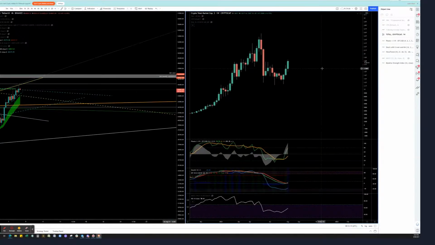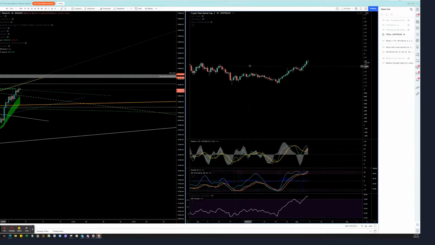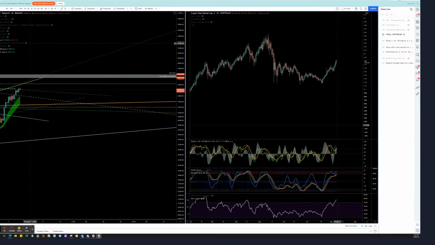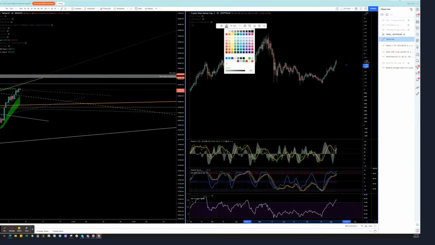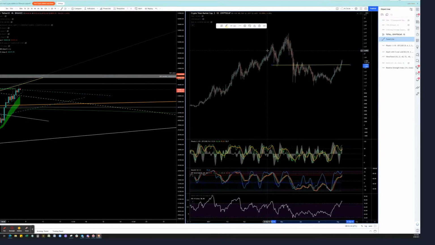Beautiful on the weekly. And on the daily, oh, it's past a key area. So total market cap is looking good. Beautiful, so that's also bullish.